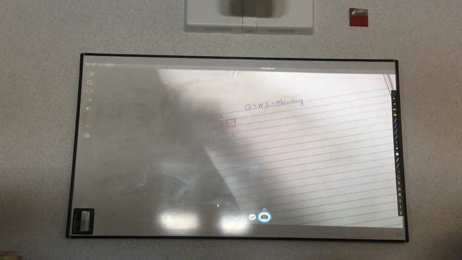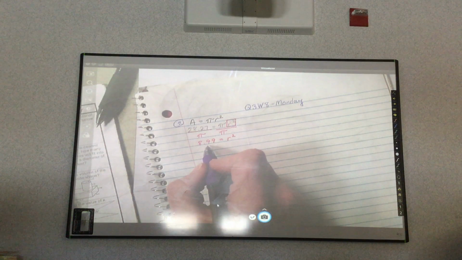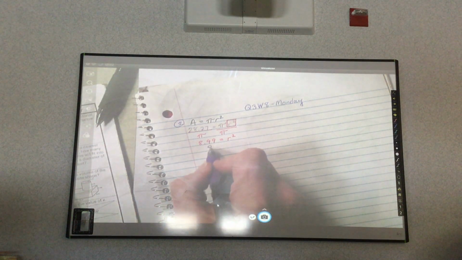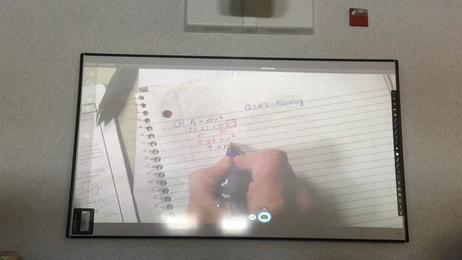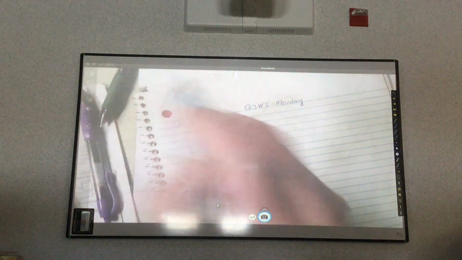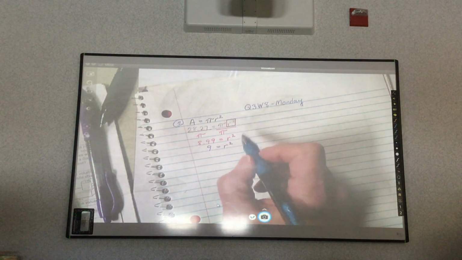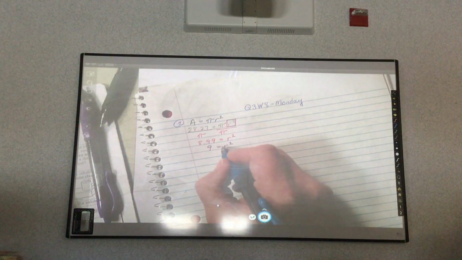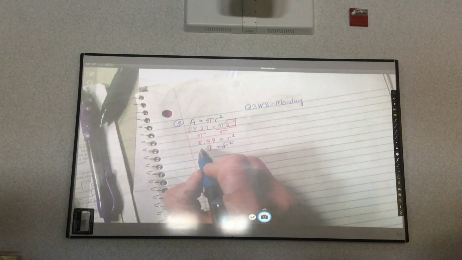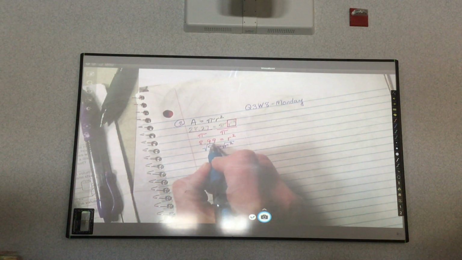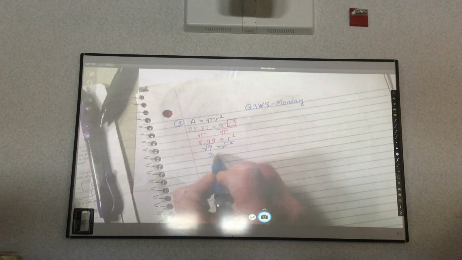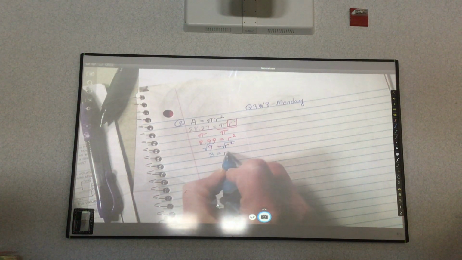What I did in this problem though, I rounded my 8.99 to 9 equals my radius squared. Then to find what the radius is, if this is squared, you do the square root on this side, square root on this side. So 3 equals my radius.